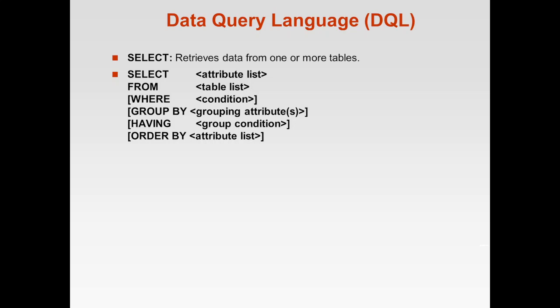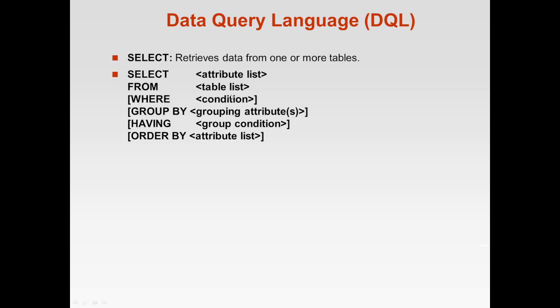But to get the data through the select command, we need some clauses, and these are the important clauses for select. The first clause is select itself, where we pass the attribute list. Attribute list means list of columns. Then we have from. In the from, we pass the table list, with the joins and other stuff.